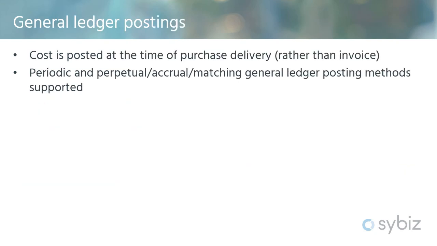Okay, so just touching a little bit on general ledger postings, and postings in general is one of the key concepts that is really good to understand, and that is that the cost is posted at the time of the purchase delivery, rather than the invoice.